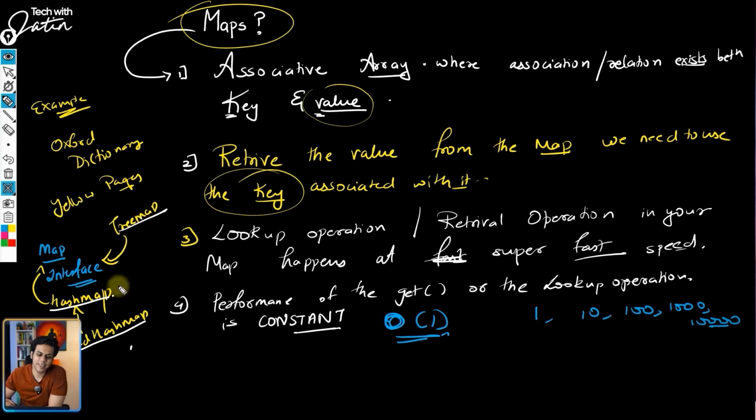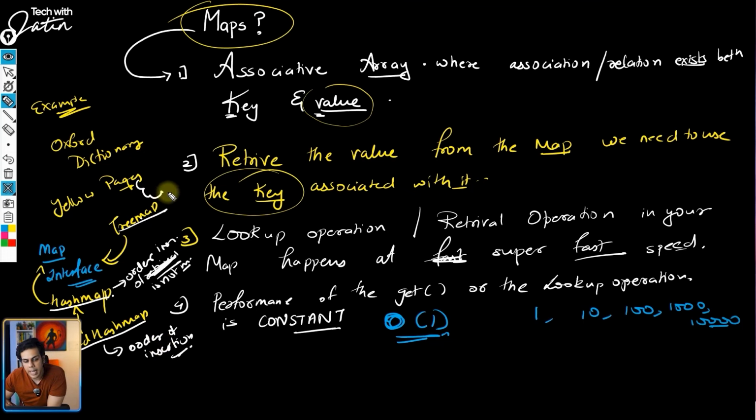So over here, guys, in your HashMap, the order of retrieval is not maintained. You cannot predict the order of retrieval because it uses something called hashing to store the elements inside the map. Then you have LinkedHashMap. In LinkedHashMap, the order of insertion is going to be maintained.